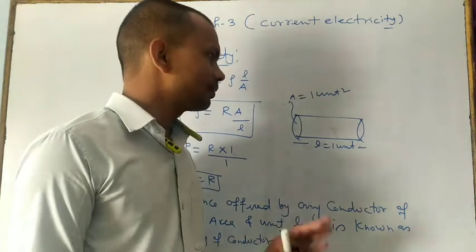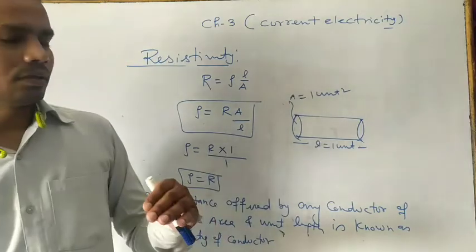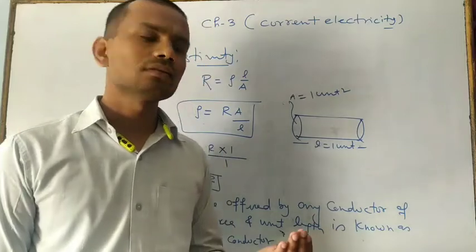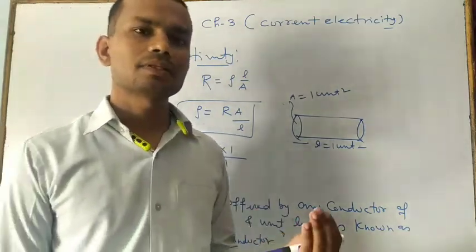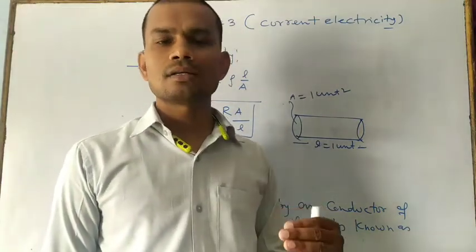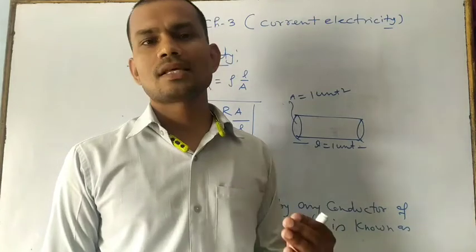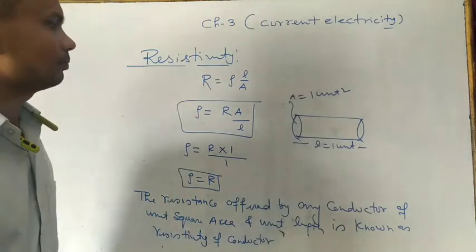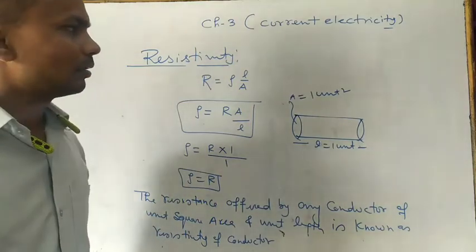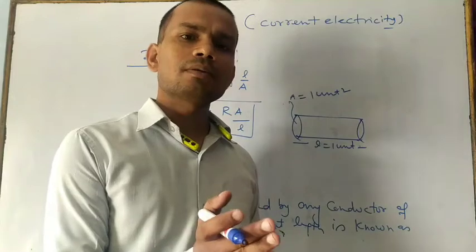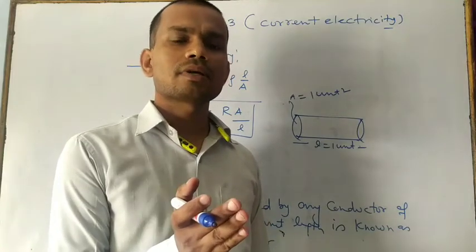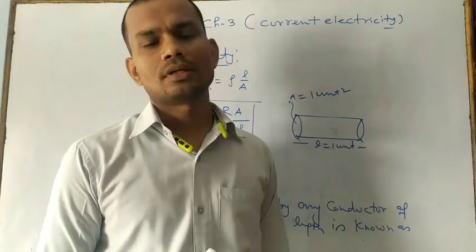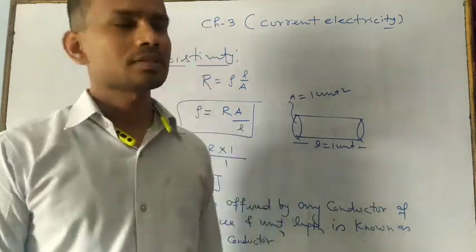So here you see, specific resistance or resistivity depends upon physical conditions like temperature and pressure, but it does not depend upon the shape and size of the particular conductor, right? And the resistance offered per unit square area and per unit length varies from conductor to conductor, right?